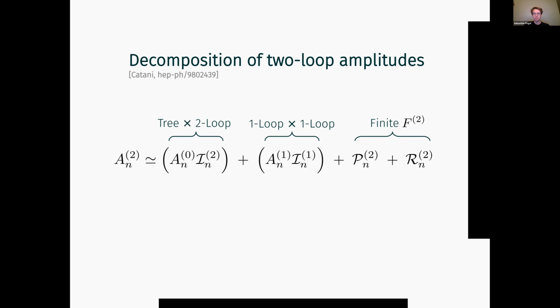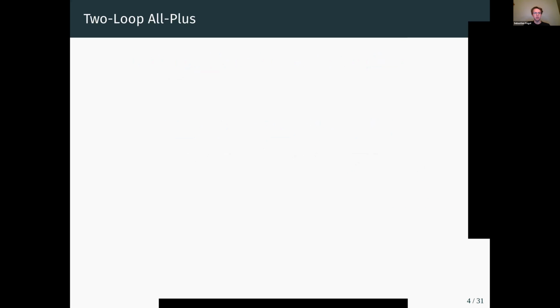These can then be further split into finite polylogarithmic terms and finite rational terms. The first evidence of simplicity in the all-plus case is the vanishing of the first term here, since the tree amplitude vanishes.